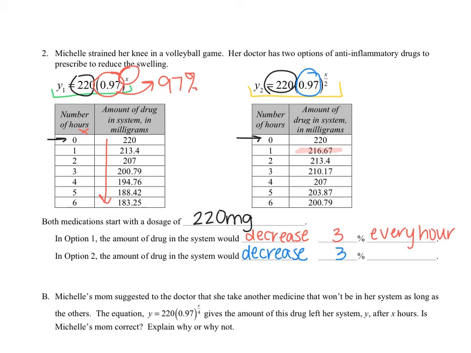Since 216 is between 220 and 213. So that didn't happen at all. 213, whoop, there it is, ties with the 2. 210 I don't see, 207 I do. So I'm looking for patterns. How long does it take for it to go down just 3%?